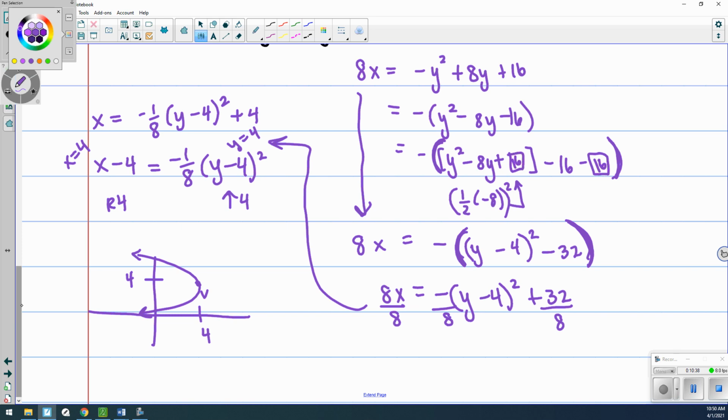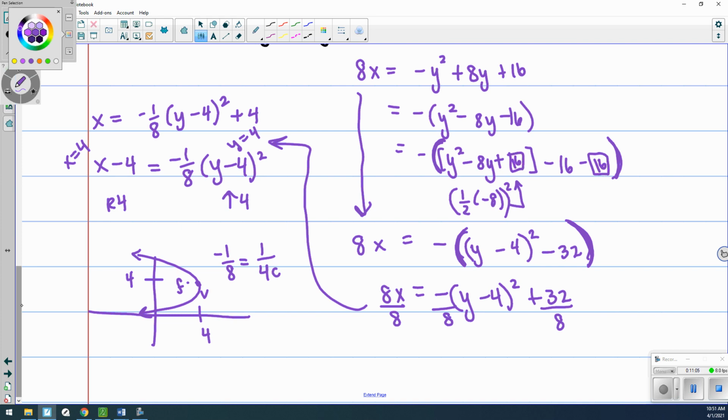I need to figure out the location of my focus. So where is this focus? Right here. Well, remember that the focus is a specific distance from your vertex, and that distance is c. So I have negative 1/8 is equal to 1 over 4c. This was a, 1 over 4c.